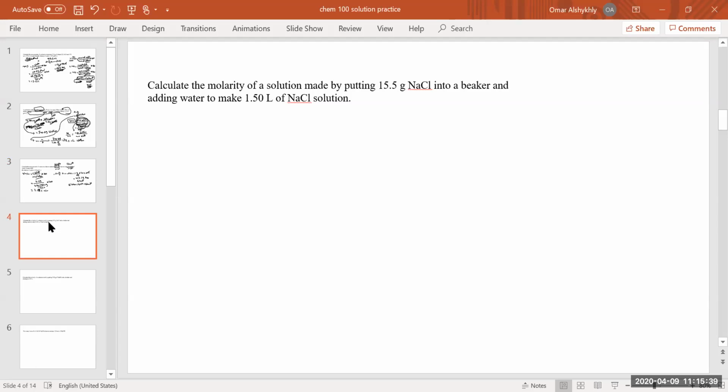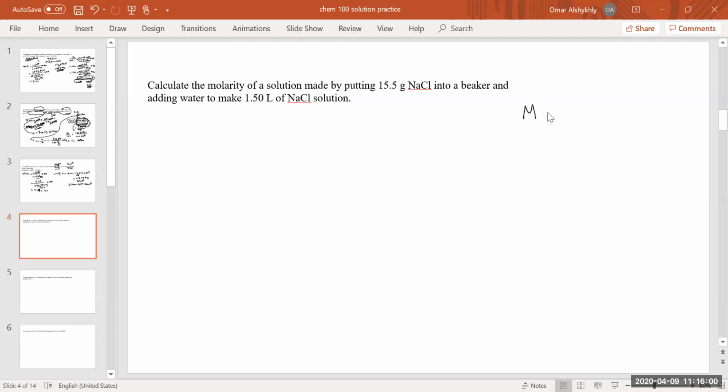Calculate the molarity of a solution made by putting 15.5 gram NaCl into a beaker and adding water to make 1.5 liter of NaCl solution. Molarity.